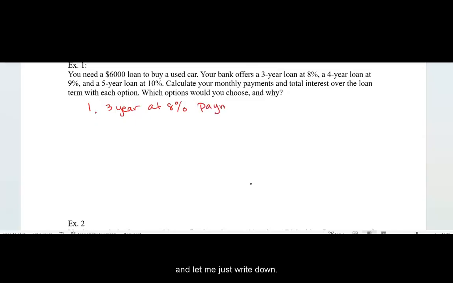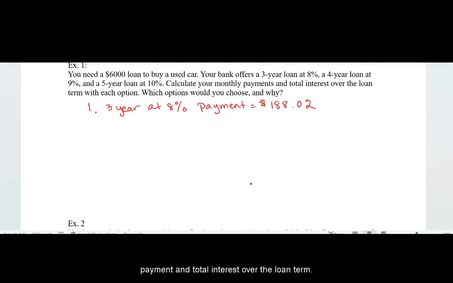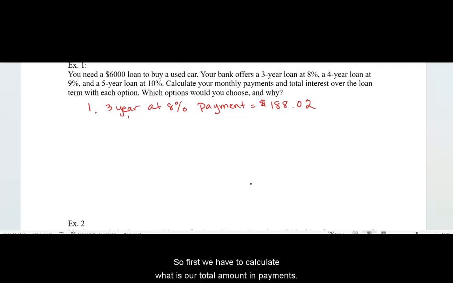All right, so let's go back to our notes. And let me just write down our payment we just said was $188. Now, I'm also going to do two other calculations with these problems. Because notice it says calculate your monthly payment and total interest over the loan term. So first we have to calculate what is our total amount in payments.